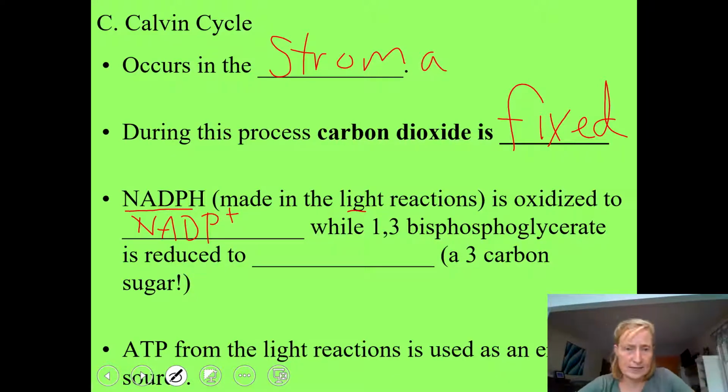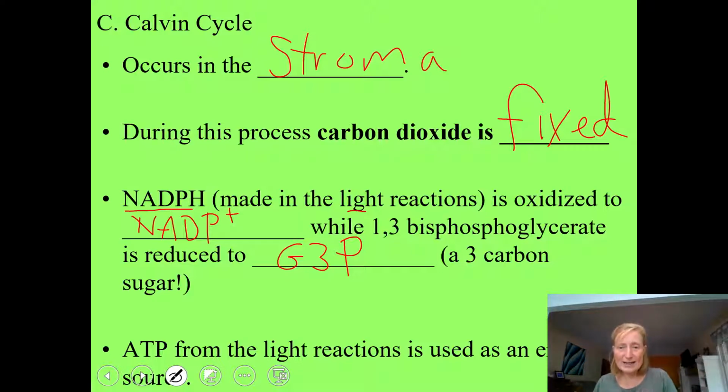It loses electrons, while this other molecule, 1,3-bisphosphoglycerate, is reduced to something called glyceraldehyde 3-phosphate, G3P. This is a sugar. In this redox reaction, NADPH donates electrons to make a sugar.